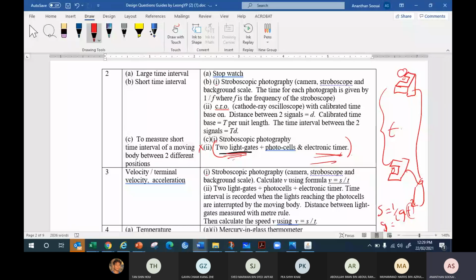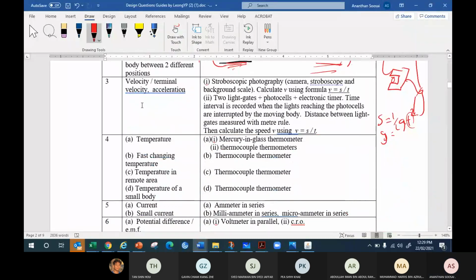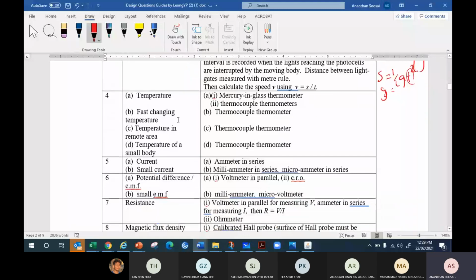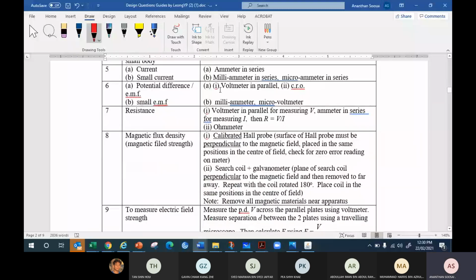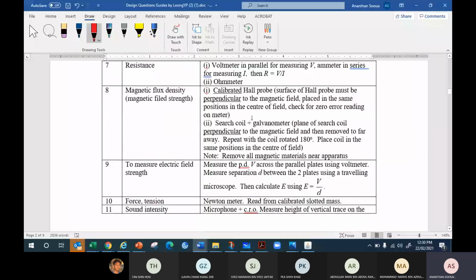For terminal velocity, use a stroboscope. When we come to that experiment, I'll explain how to do it. For temperature, use mercury in glass or a thermocouple; you learned about the thermocouple. For magnetic flux density, use a calibrated Hall probe.